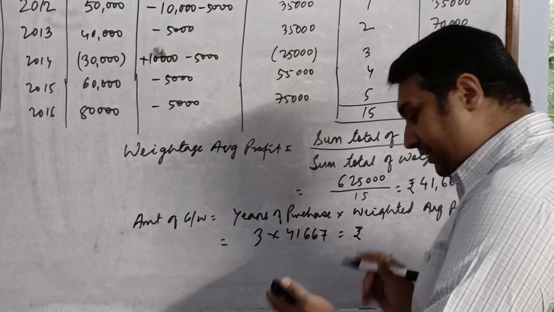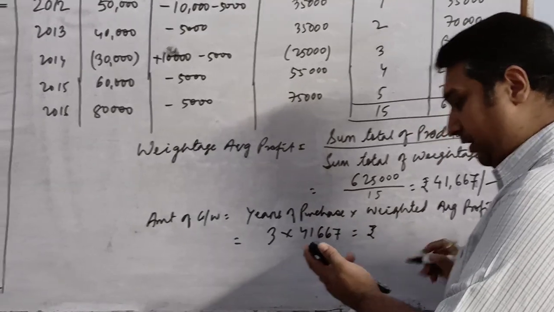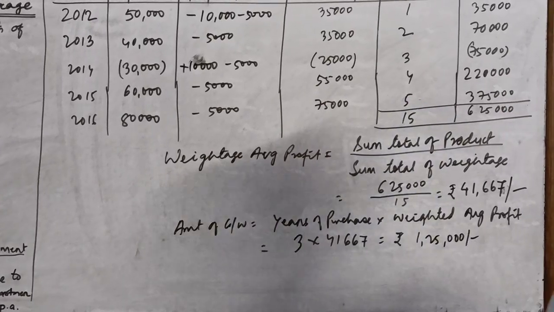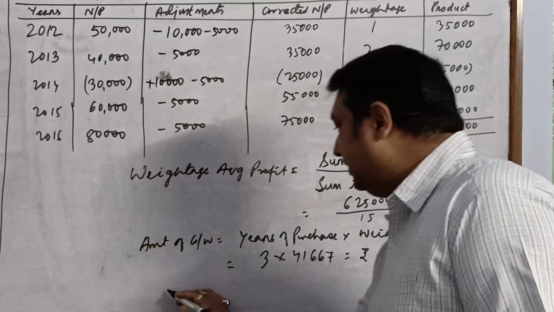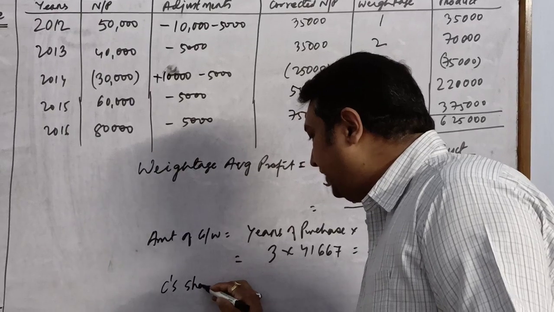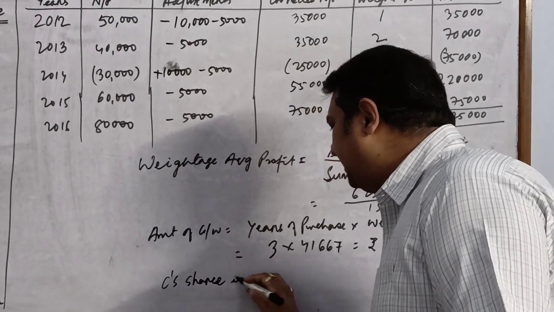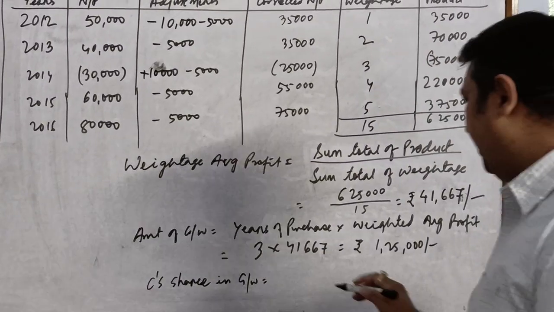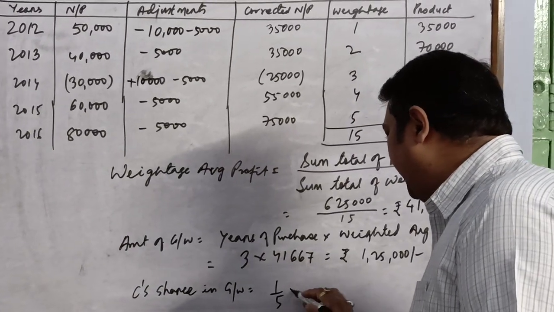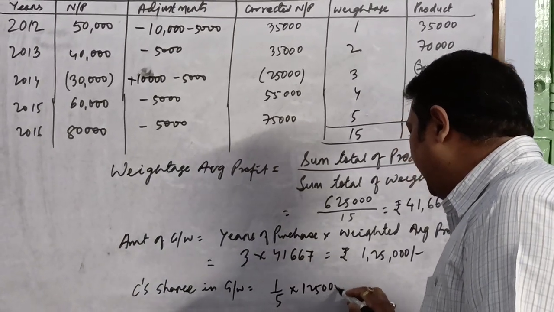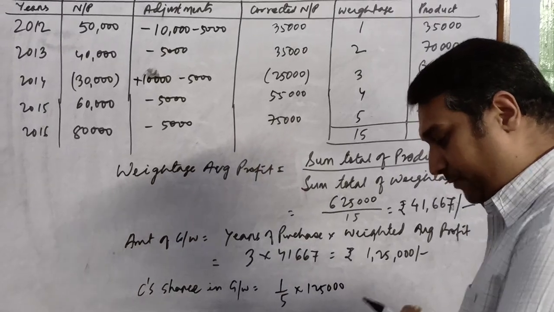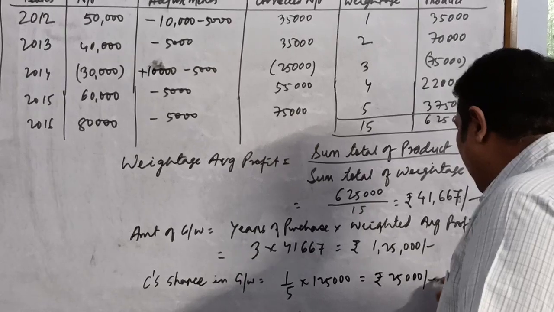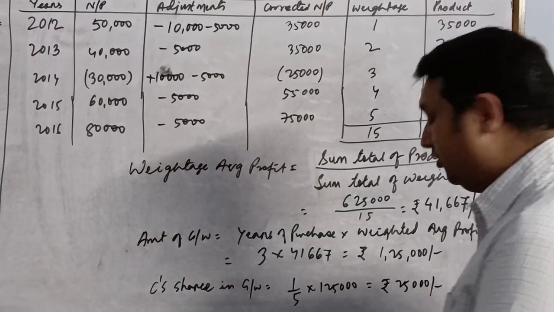So it will be rupees 1,25,000. And now what I can do is, we have to find out C's share. See, it is not necessary that in each question you will be asked to find out the new partner's share. This is 1 by 5 of 1,25,000. So it will be rupees 25,000. So the new partner will bring this much of goodwill.